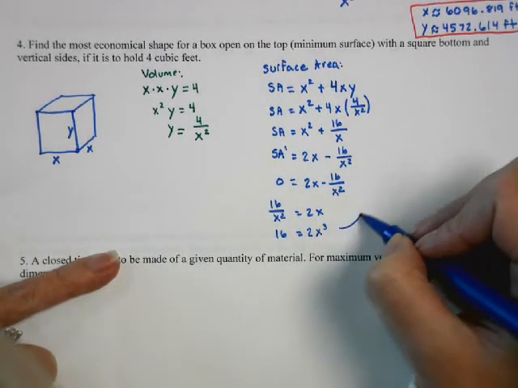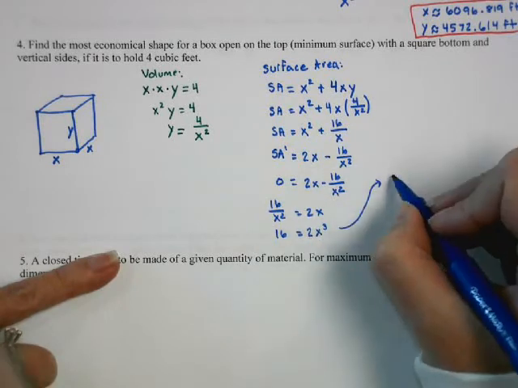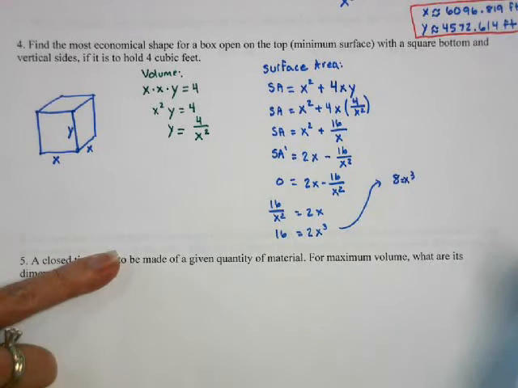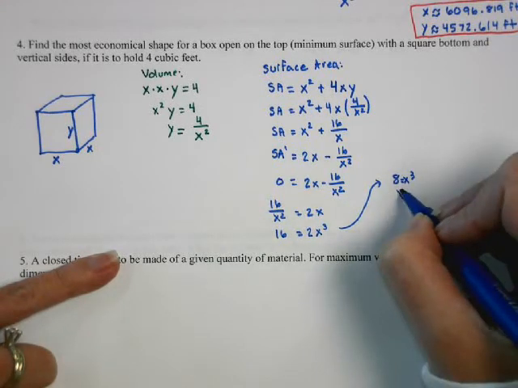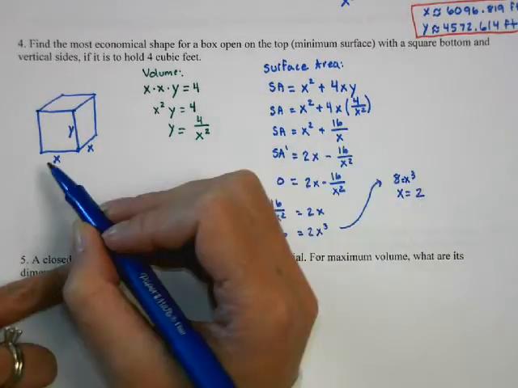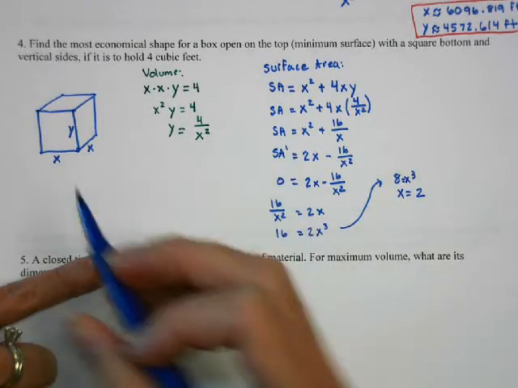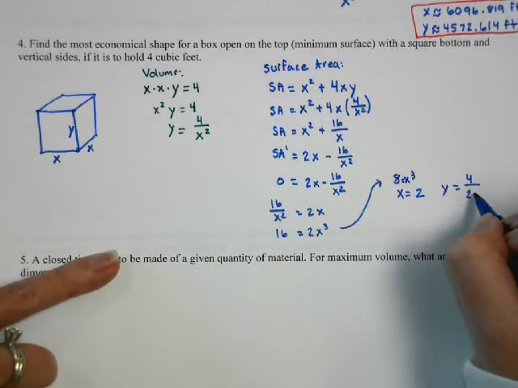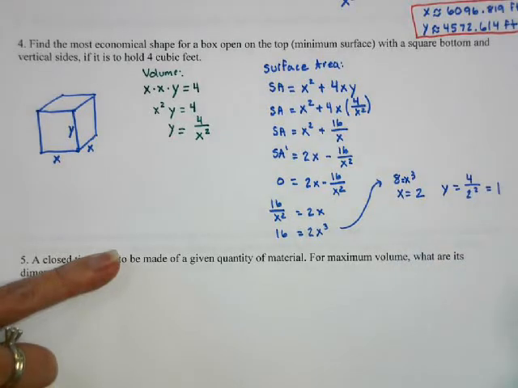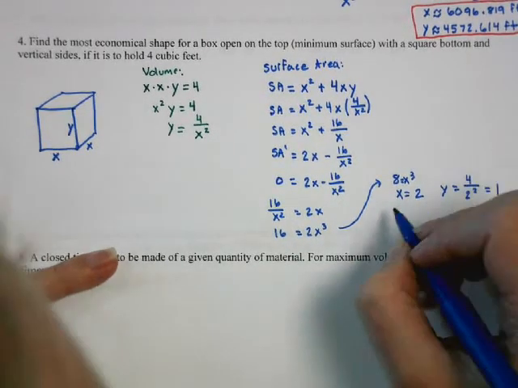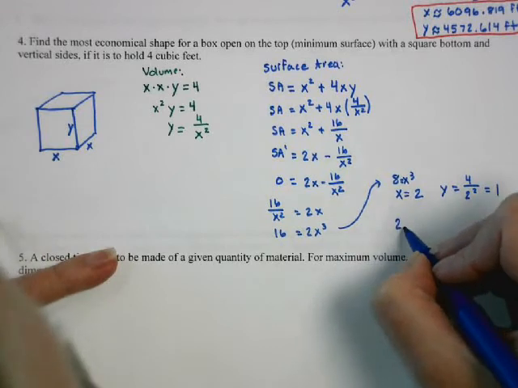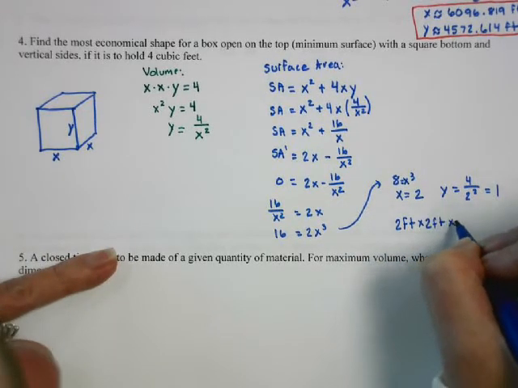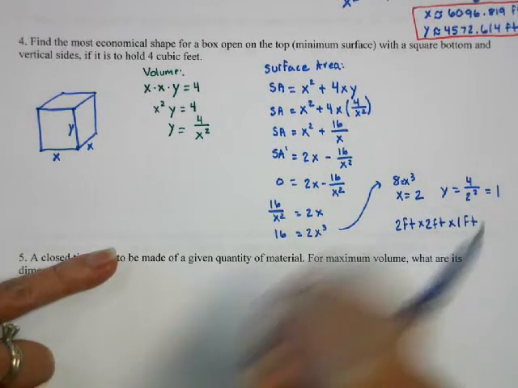Okay, we can divide by 2, so 8 equals x cubed. So x equals 2, so the base is going to be 2 and 2. The y is going to be 4 over 2 squared, so that's going to be 1. So this box's dimension is going to be 2 feet by 2 feet by 1 foot tall.